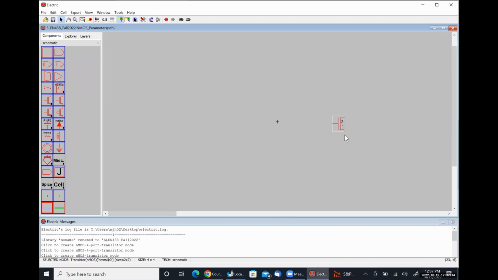I'm going to zoom in. And while I have it selected, you can tell it's selected because there's a white box around it, which you guys probably can't see because of the projector. So let's play with the lights a smidge.